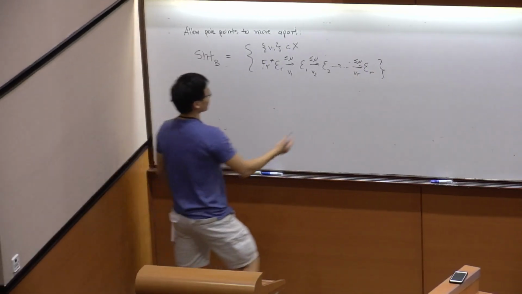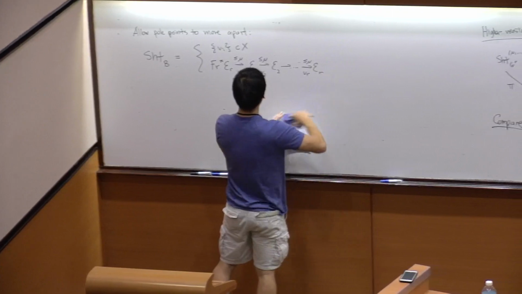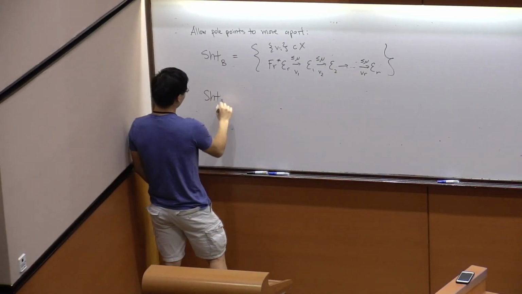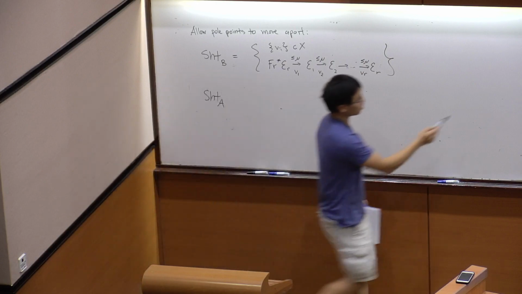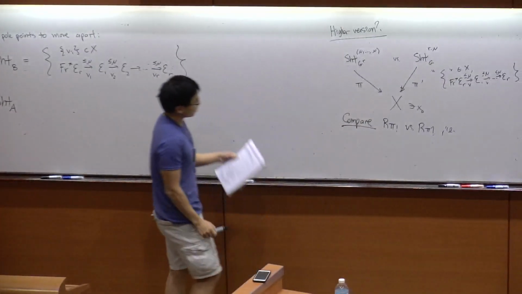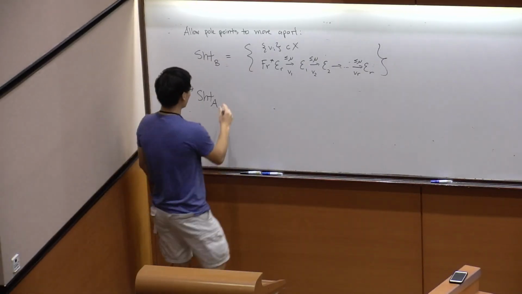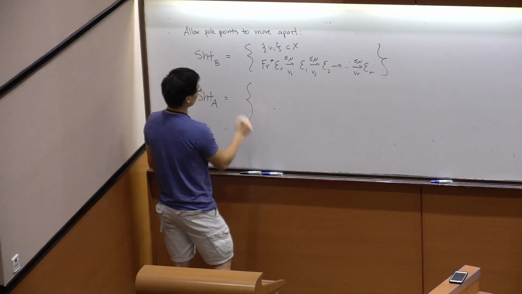And I'm going to define Shtuka A to be a similar generalization of this term here. So a bundle for G to the R is just the same thing as R different bundles for G, but now I'm going to allow them to have poles over different points.